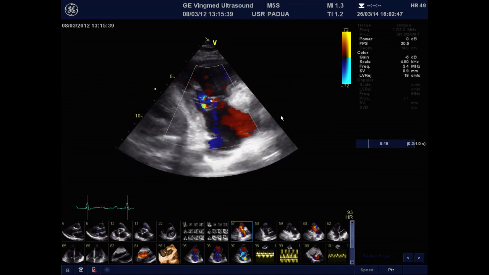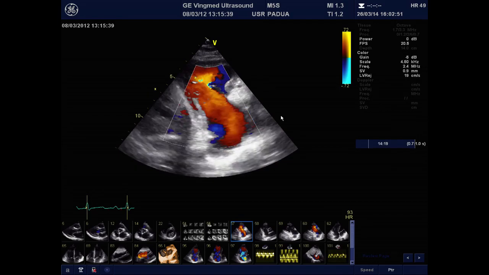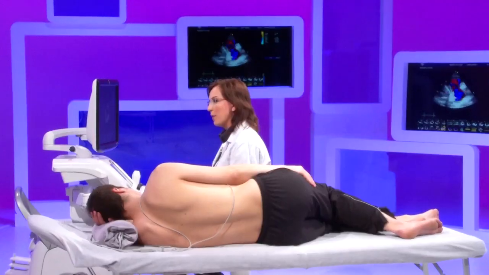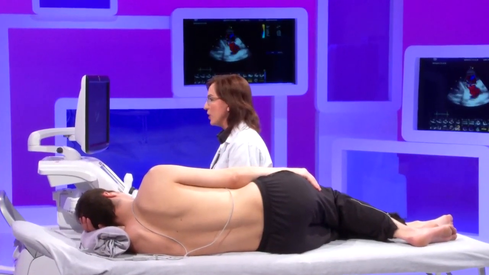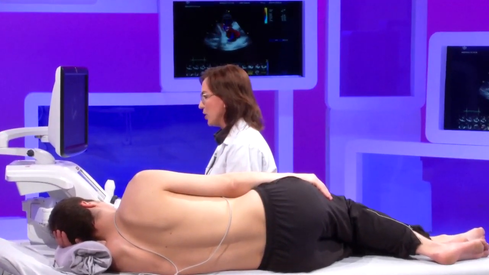You should be able to obtain optimized views of the tricuspid valve in parasternal short axis view, in the right ventricular inflow view, and four-chamber view or subcostal view, in any views that allow you to have a comprehensive assessment of the morphology of the valve and to assess the tricuspid regurgitation jet.